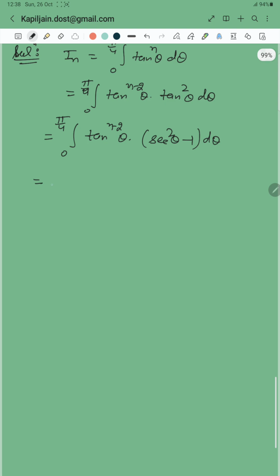which is equal to 0 to pi by 4 tangent raised to power n minus 2 theta into secant square theta d theta minus 0 to pi by 4 integral tangent raised to power n minus 2 theta d theta.